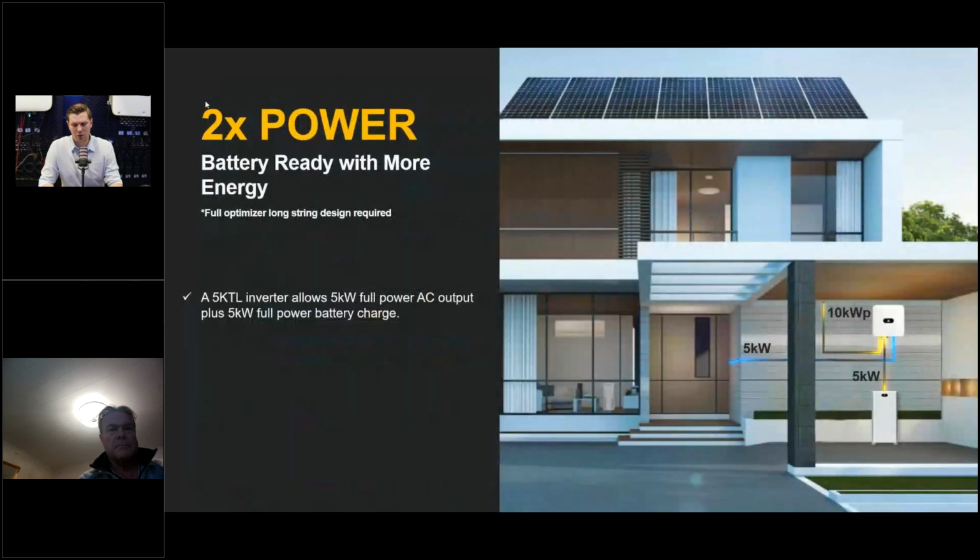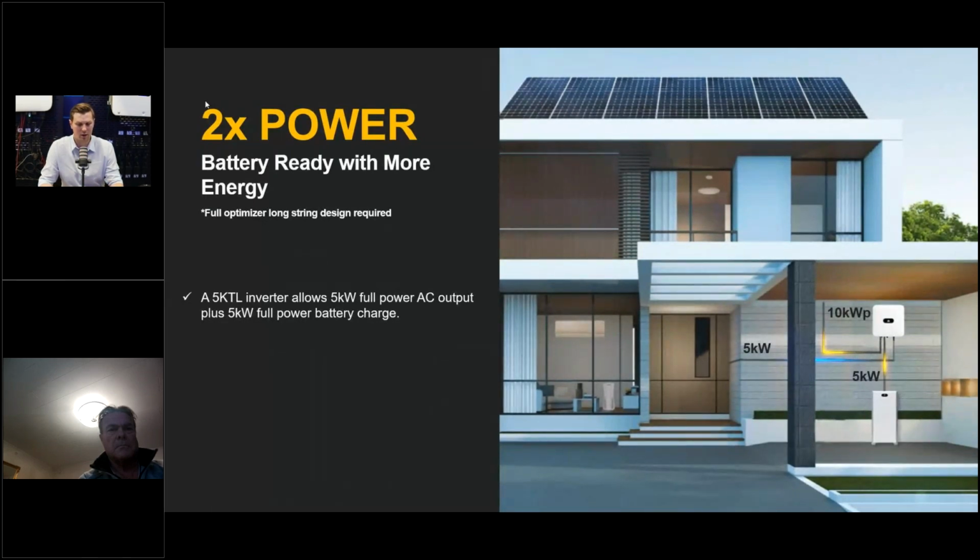The DC coupled solution, according to the Luna battery, requires quite an over dimensioning of the inverter. As you can see in the example below, we have a 10 kilowatt peak PV installation connected to a 5 kilowatt inverter.